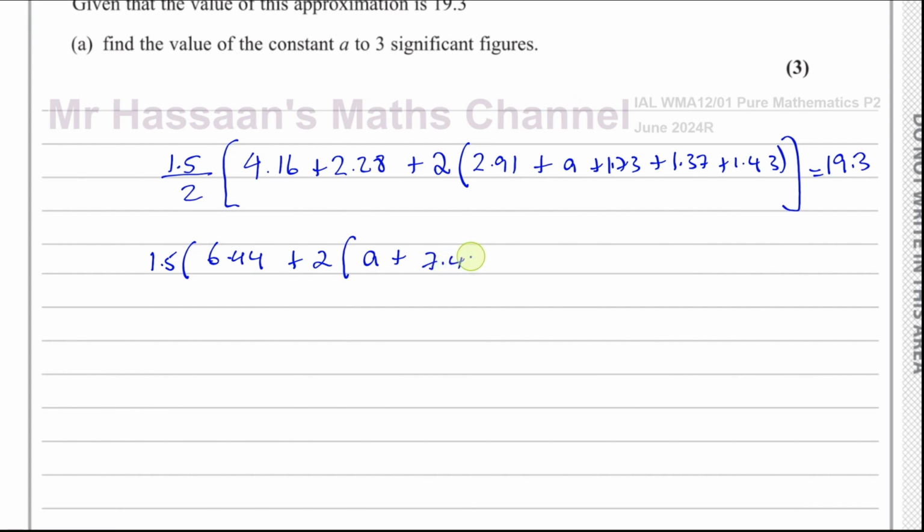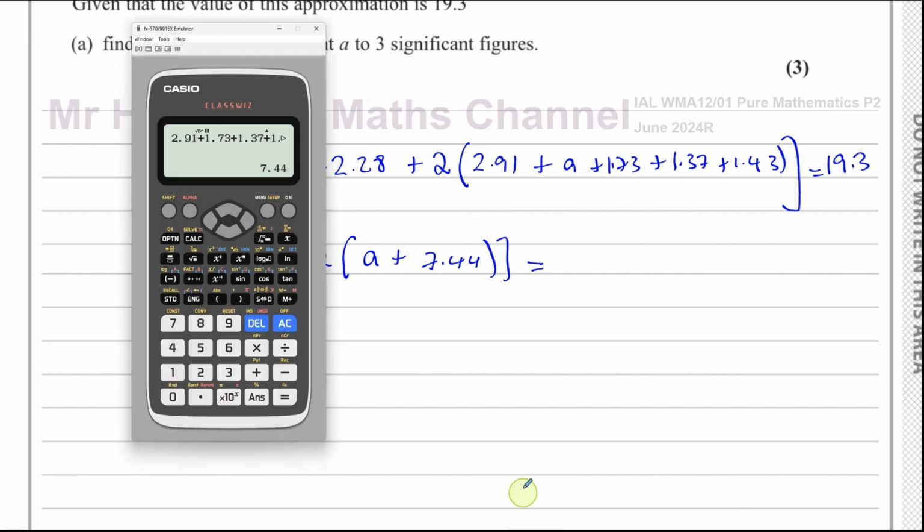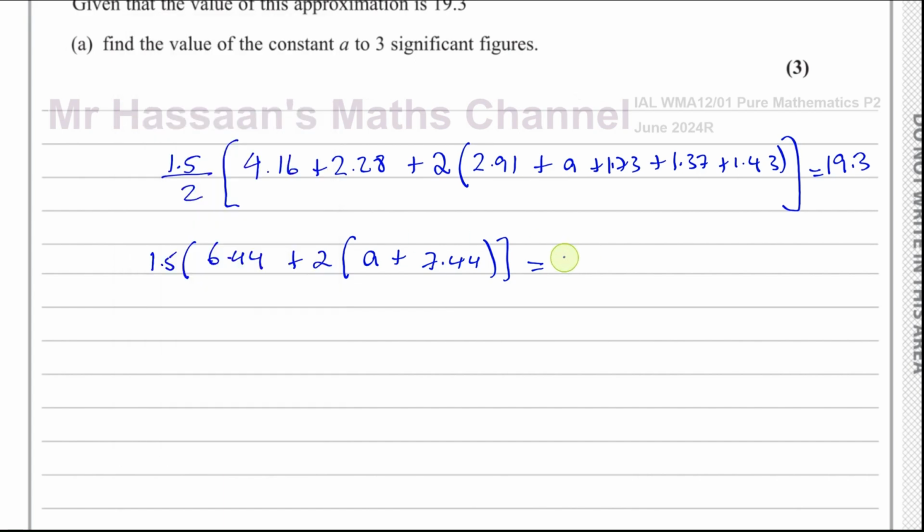So a plus 7.44, and close that bracket, and that's equal to, and remember I multiplied by 2, so 19.3 times 2, that's going to be 38.6, that's right.